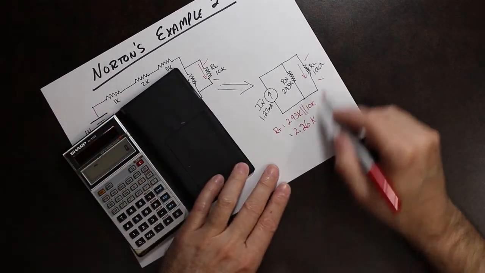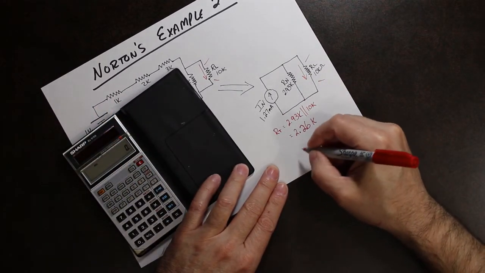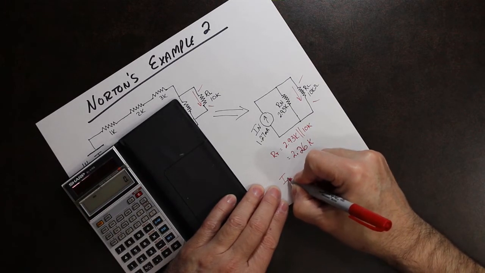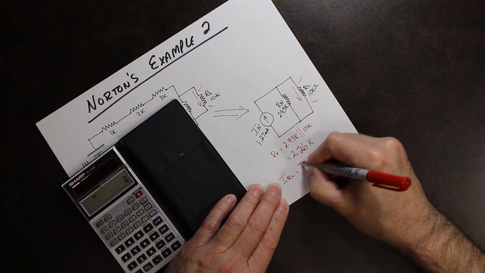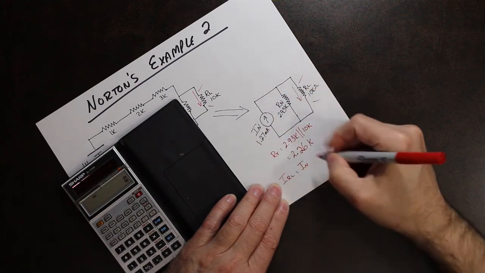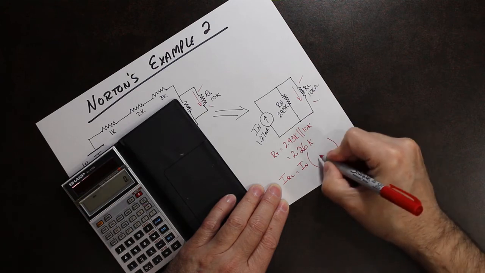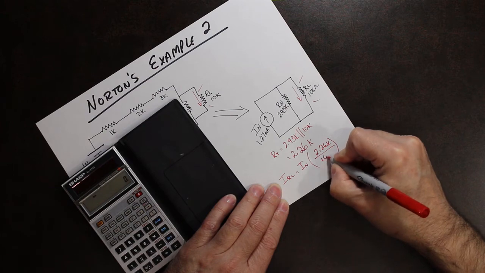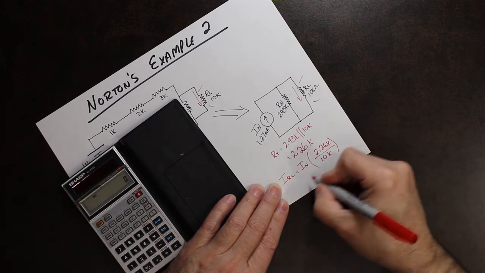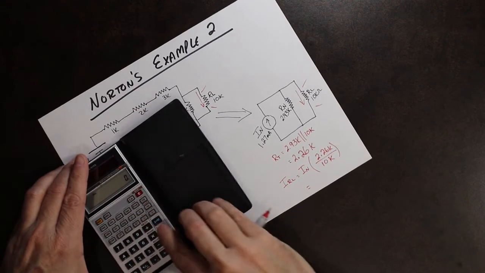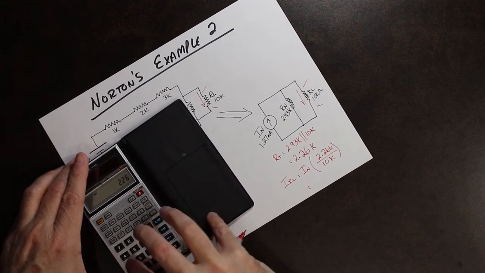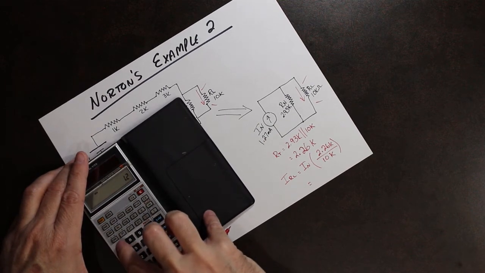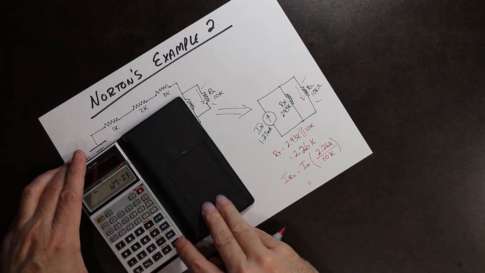So now that we have our total of this, we can use the current divider. The current divider is going to say that I through RL is equal to IN, that total current leaving the source, times 2.26K over 10K. So we've got 2.26 divided by 10 times 1.27 milliamps.